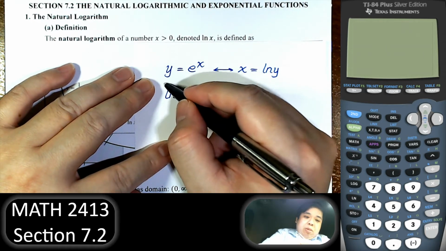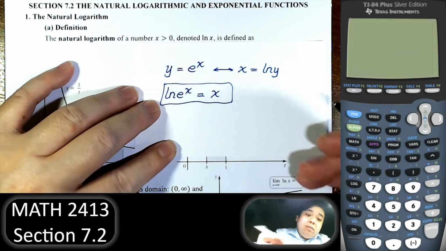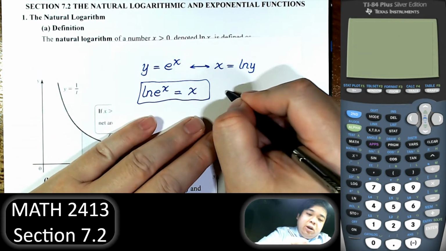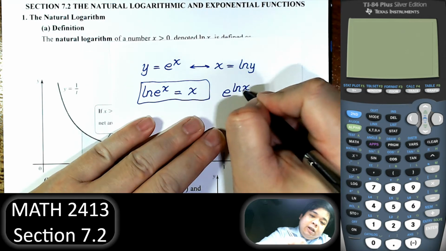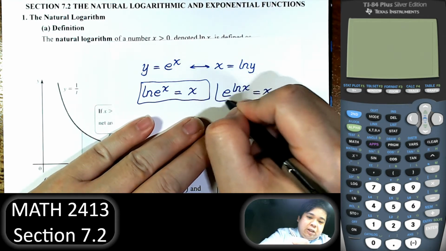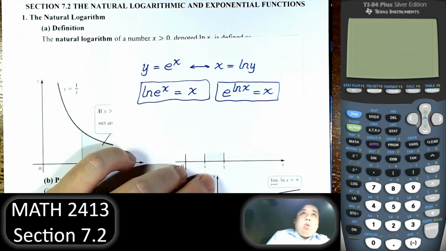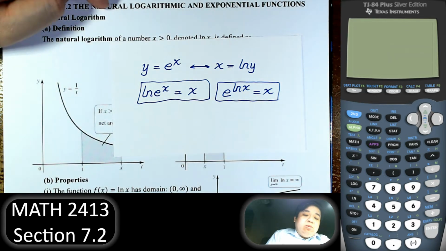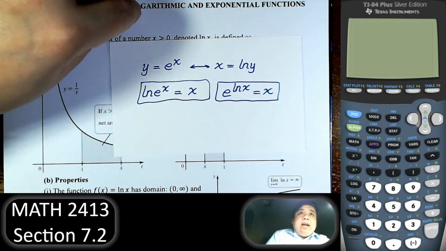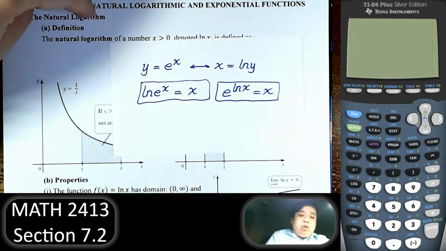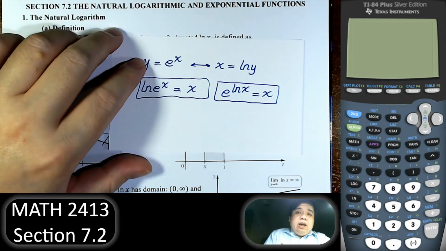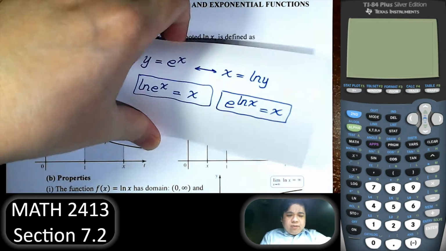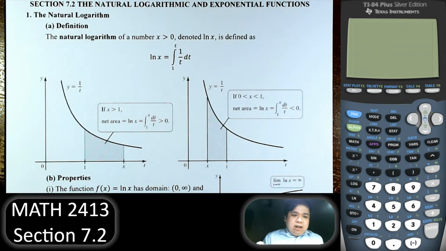That is the property, or definition, of inverse functions, or e to the ln of x is equal to x. So once again, the natural logarithmic function and the natural exponential function are inverses of each other. All right, so we're going to use that later.